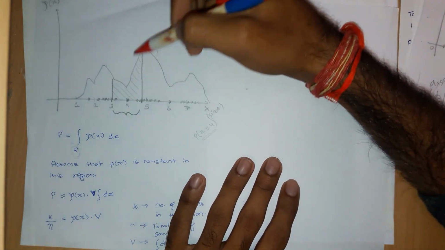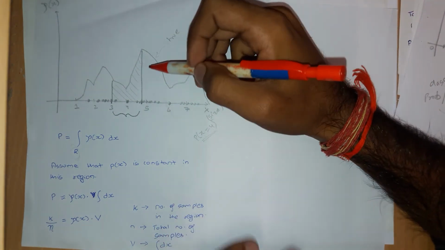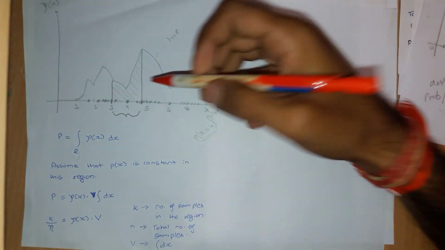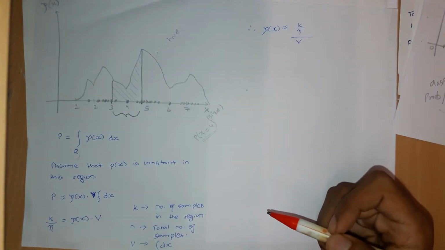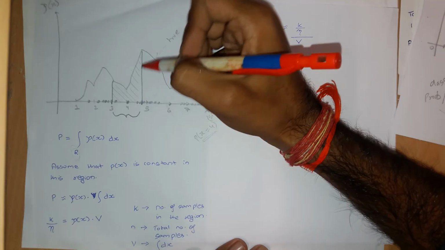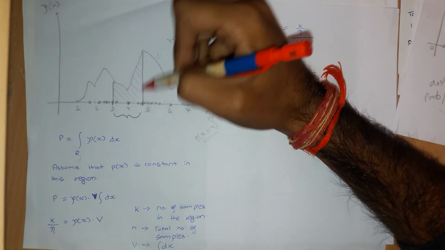Please remember, I don't know this distribution. It is unknown to you, unknown to us, unknown to me. But for visualization I'm doing this so that you can understand what the maths is over here. This is the actual probability of p of x equal to 4 in this particular region.